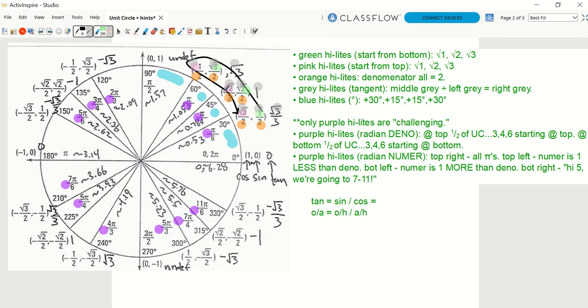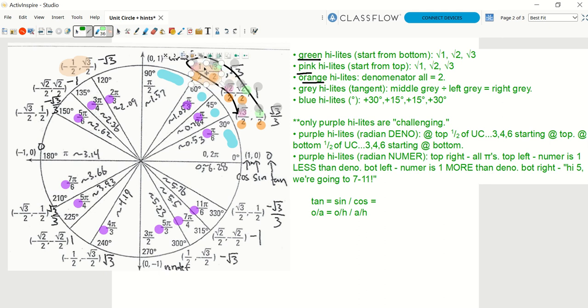Orange highlights, all the denominators are 2. So the green, pink, and orange highlights tell you the sine and cosine values of the first quadrant. And once you know the first quadrant, you just reflect it onto the other quadrants. So these coordinates are a reflection here.